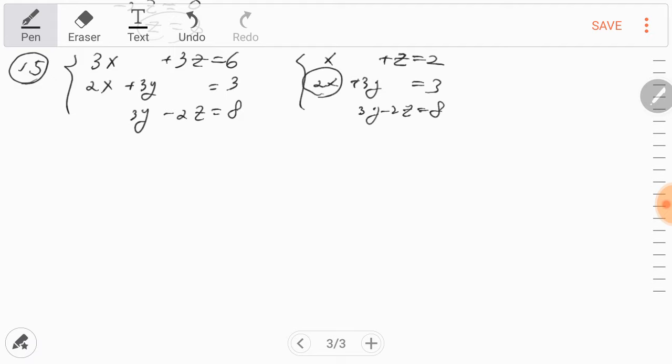So we multiply the first equation by negative 2 and then add it to the second equation.